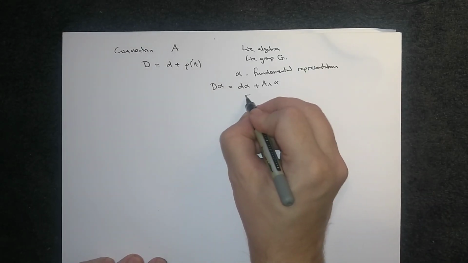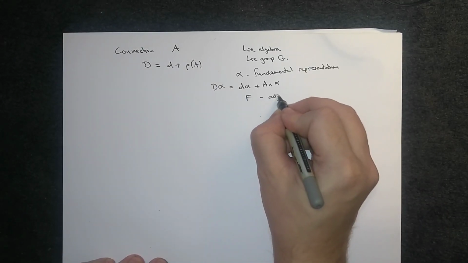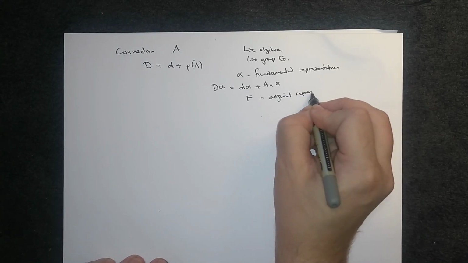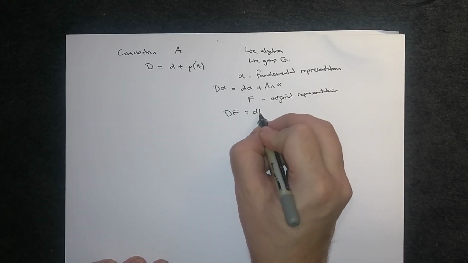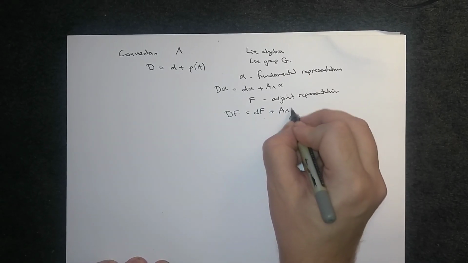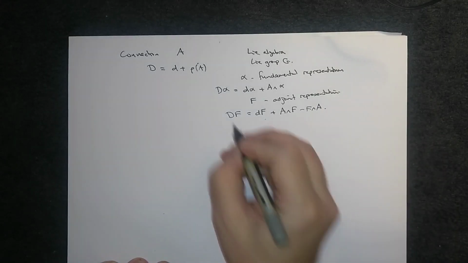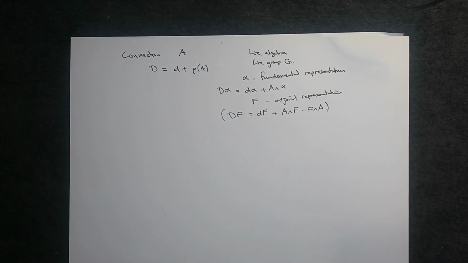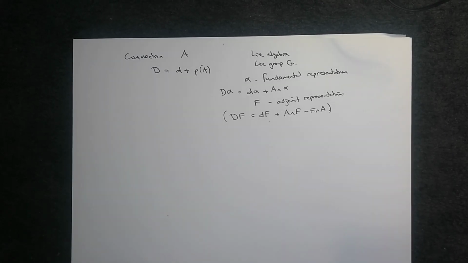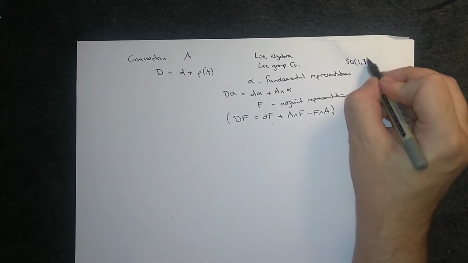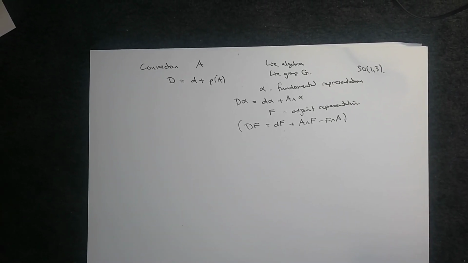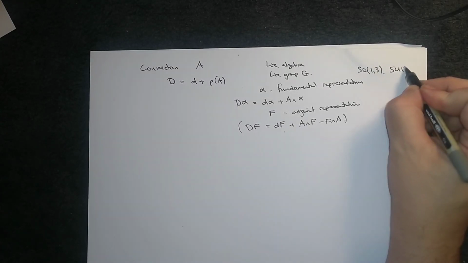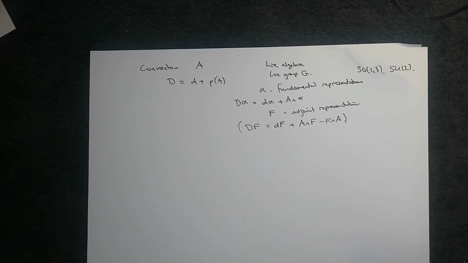If we have F in the adjoint representation, then DF would be little dF plus A wedge F minus F wedge A. That'll be useful later on. An example of a Lie algebra will be SO(1,3), and we'll come on to that in a second. That will be equivalent to investigating the frame bundle. But you might also have SU(2) if, for instance, you were considering solutions to a space-time with an SU(2) gauge field.